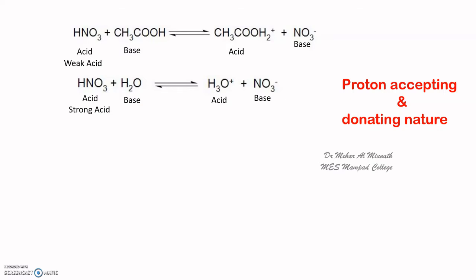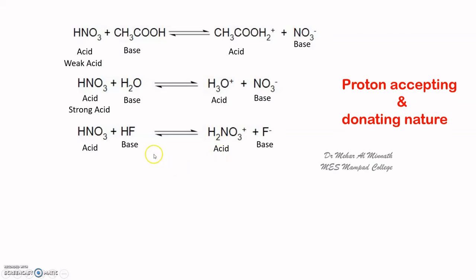Now when the solvent is HF, hydrogen fluoride, HNO3 doesn't show its acidic property as such. Though HNO3 is considered to be the acid and HF the base, it is actually HF that gives off its proton, so it's working the other way around.